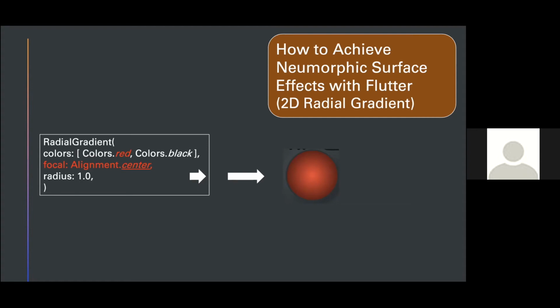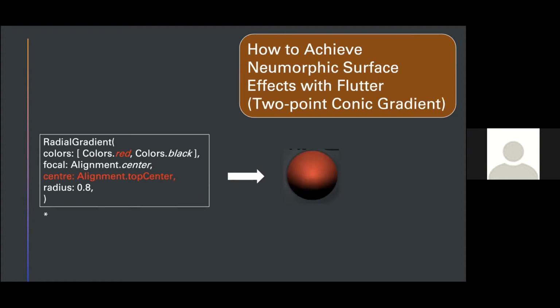Now let's go ahead and enter in the center just so we can see what it looks like when we manipulate variables and properties of the radial gradient. This is what happens when you go from the center to the focal point, because remember, it's going to radiate from the center to the focal point, and it's going to go from the top center to the center.